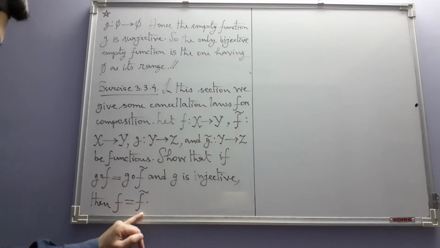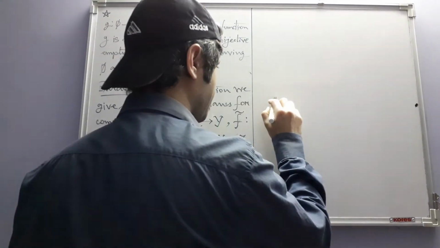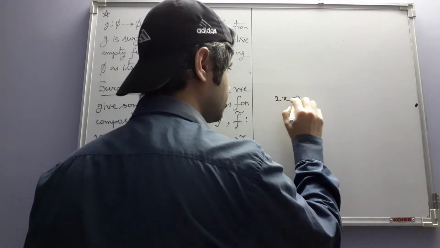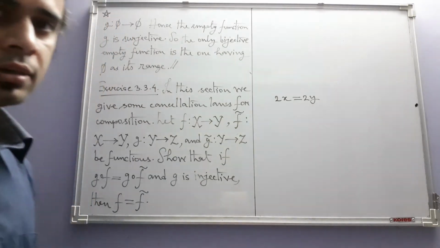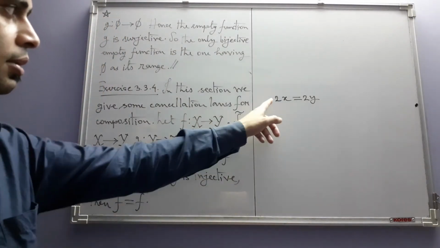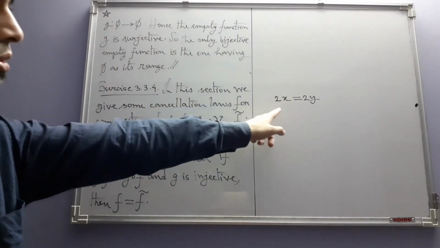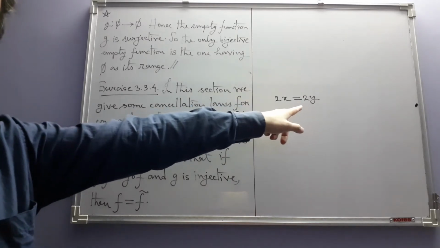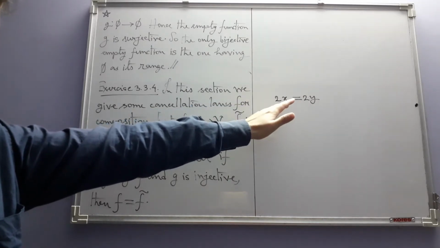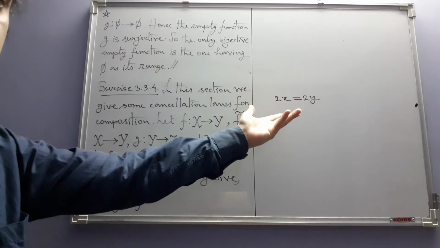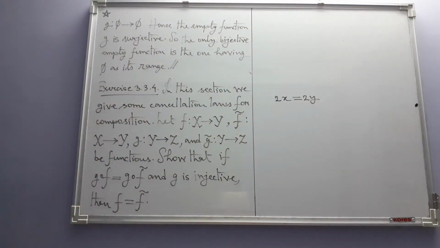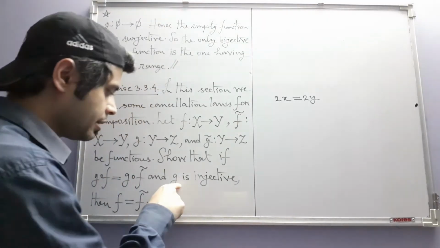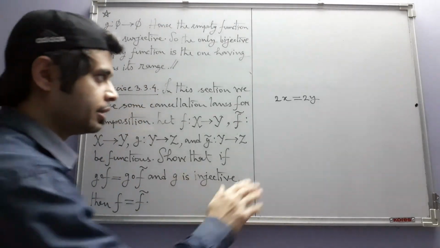So it is somewhat like, suppose x and y are real variables and you have an equation like this. You can cancel 2 from both sides using ordinary laws of algebra of real numbers. So just like that, this is also a cancellation law. But keep in mind that there is a condition, g has to be injective.